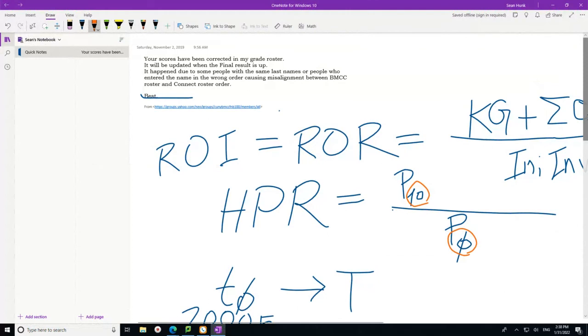So when you sold it in year 10, that's why it's P sub 10, right? Price in year 10, at the end of year 10. And we just assume that you sold it at the end of year 10, just to make it convenient, so that the holding period will be 10 years in integer.